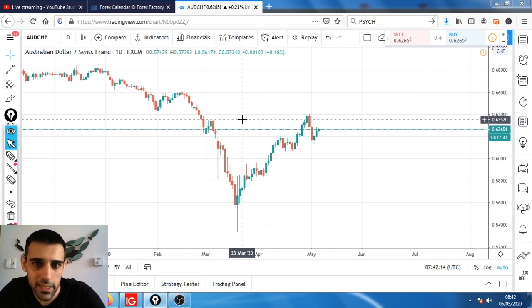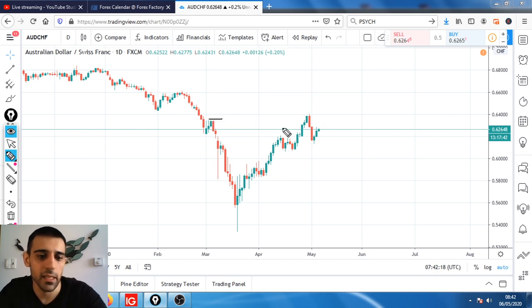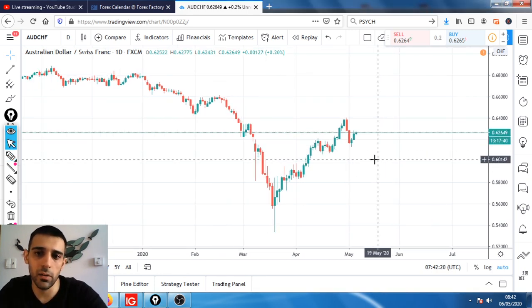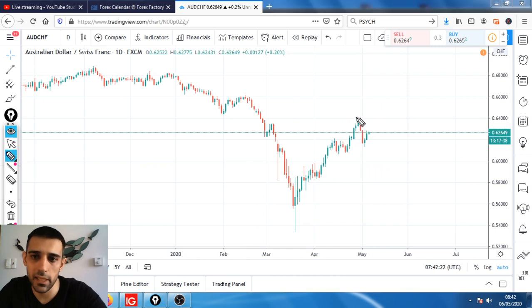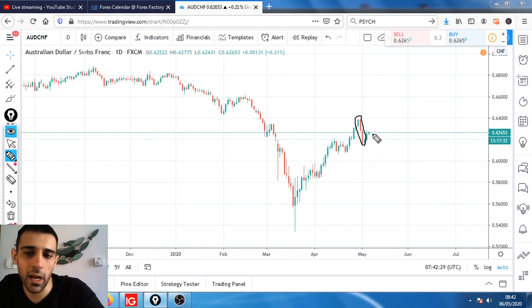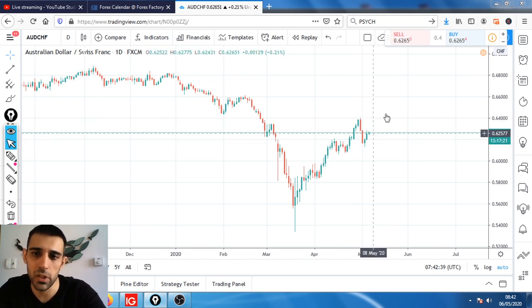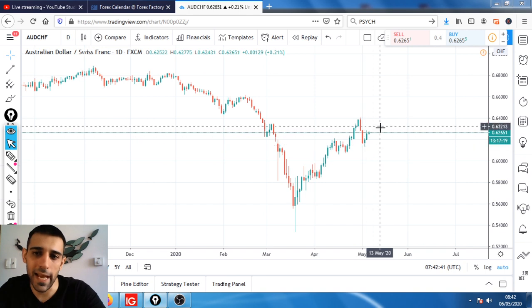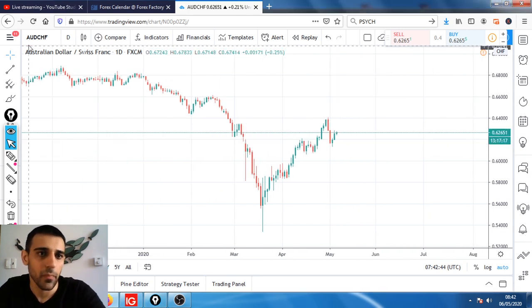The price might want to come up and even take out these highs, but the only concern for me is that the price has these two nice bearish candles towards the downside, and the way it's coming up now, it doesn't look very strong. It might have a bit more push up to these highs as well. We will find out, time will show, but so far it does not look that strong towards the upside.